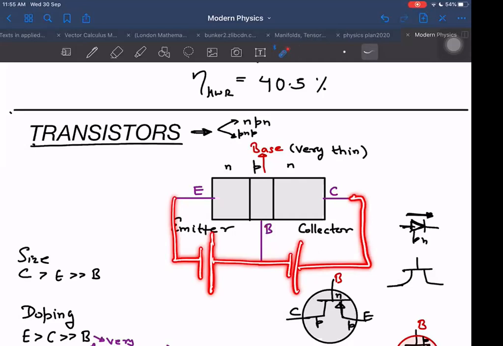Now, tell me what happens to the current in the emitter side. Will the emitter current flow or not? Emitter current will flow because it is forward bias. Current will be flowing through emitter. Correct or not? Yes, sir. Current can flow through that side. What about the collector current? Collector side is reverse bias. So will the collector current flow or not?